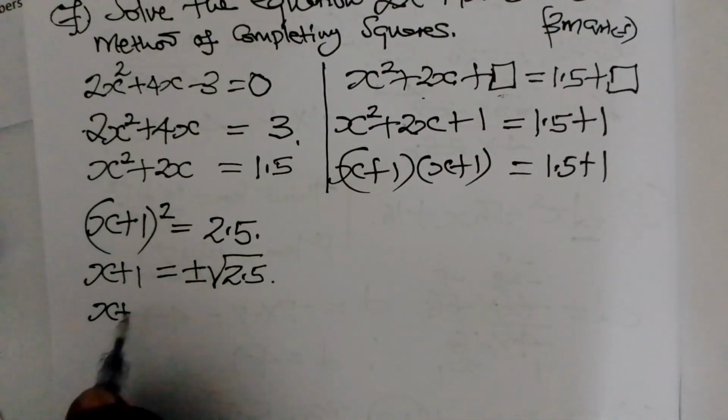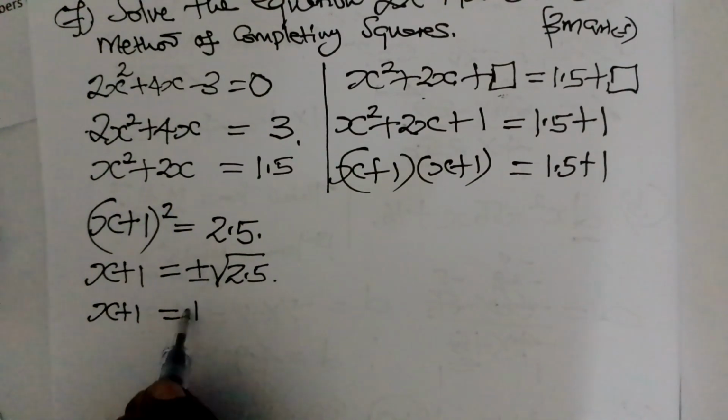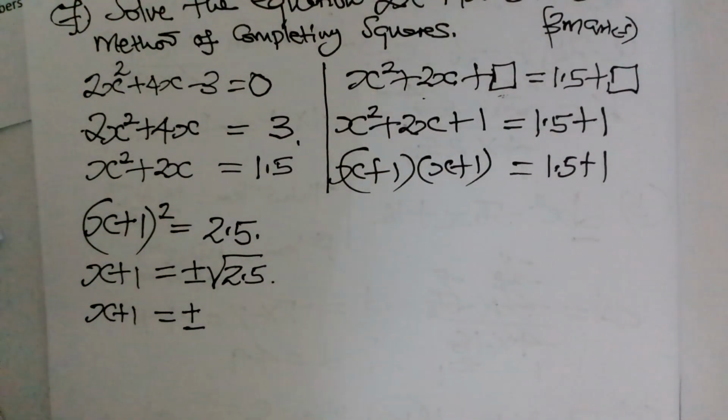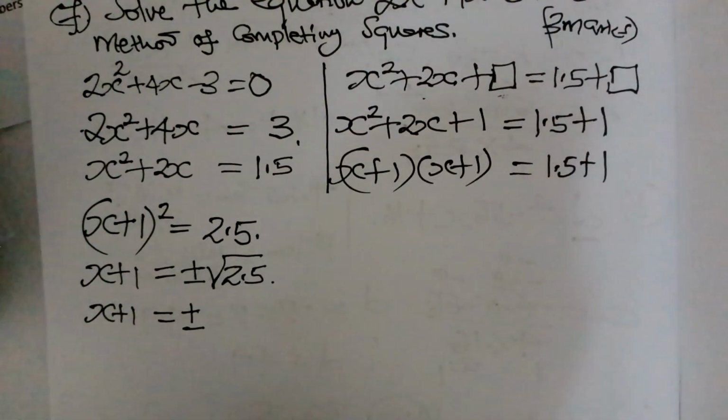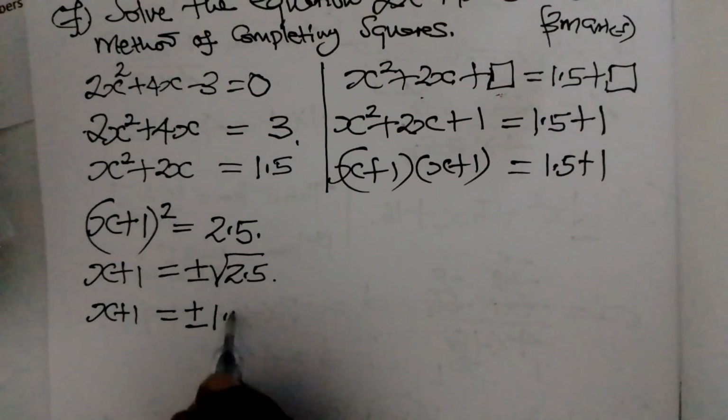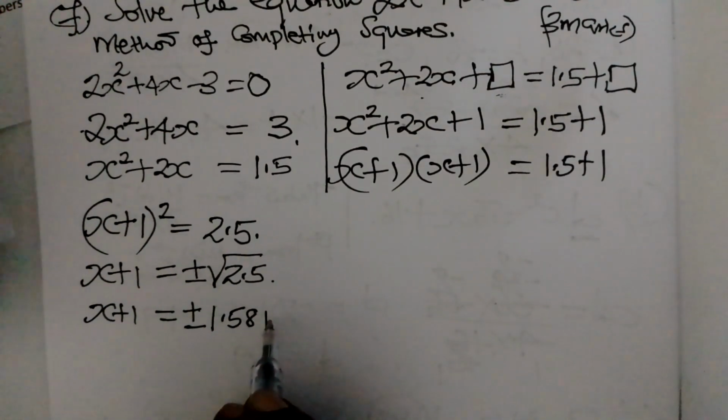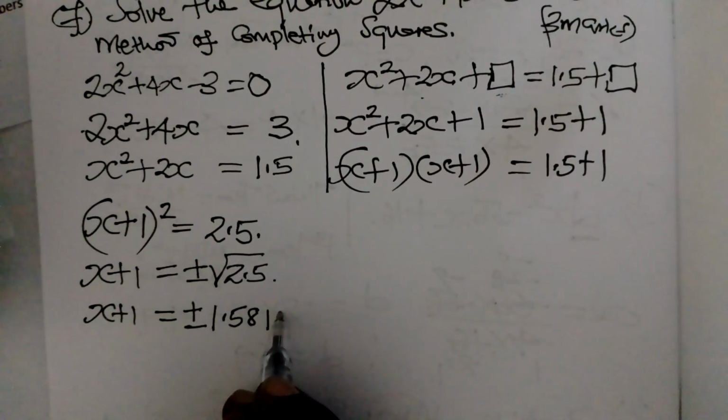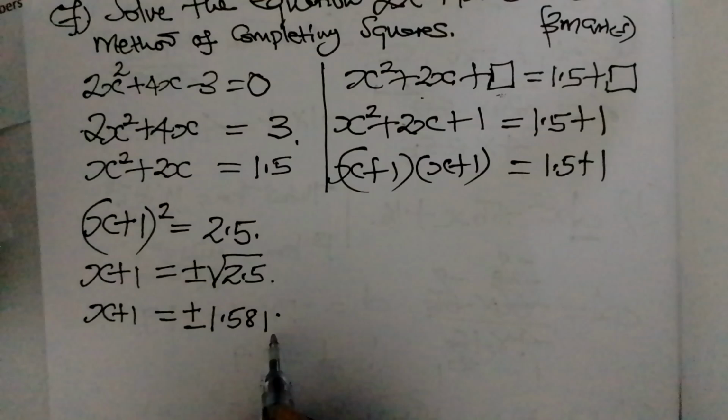X plus 1 will be equal to the positive or the negative value of the square root of 2.5, which is equals to 1.581 correct to 4 significant figures.